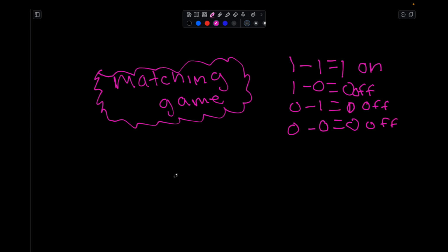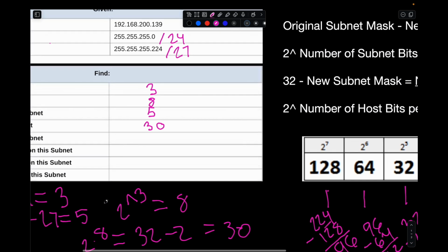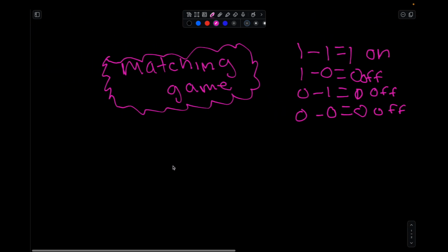For this, we're going to need the new subnet mask, the last octet, the 224. And we're also going to need to turn 139 into a binary number. We can do that real quick. So it's 128, 64, 32, 16, 8, 4, 2, and 1.